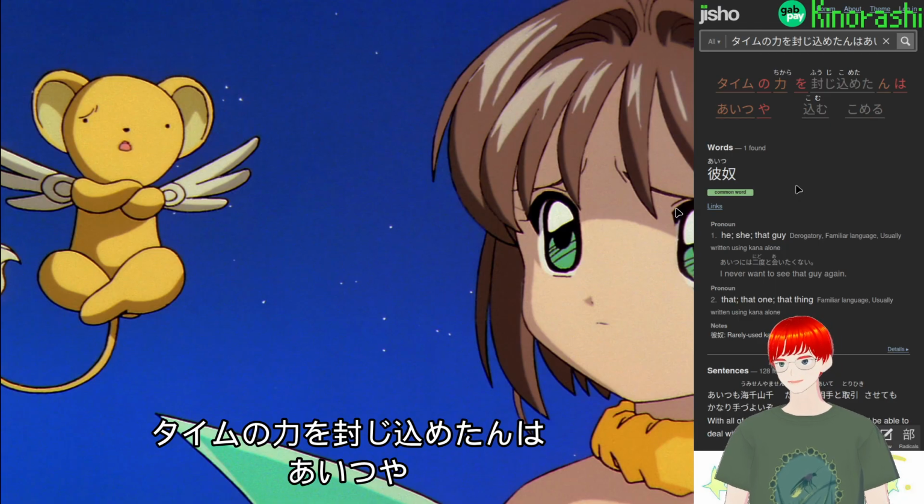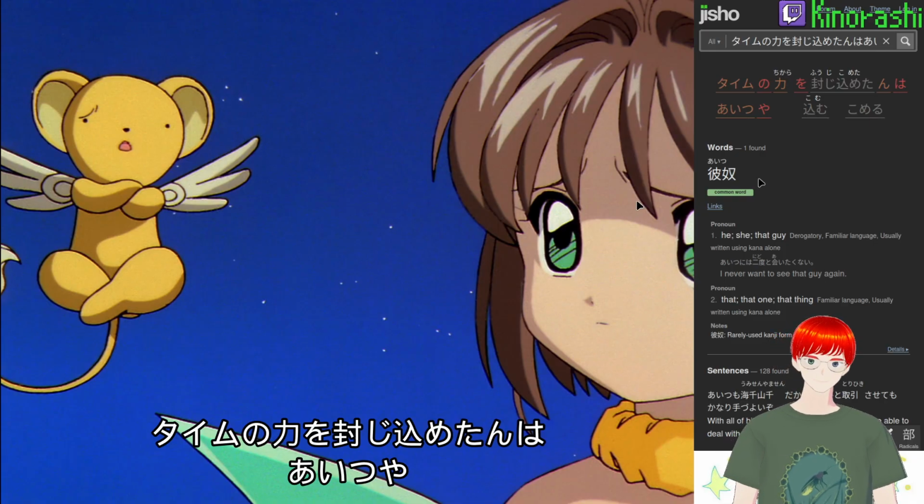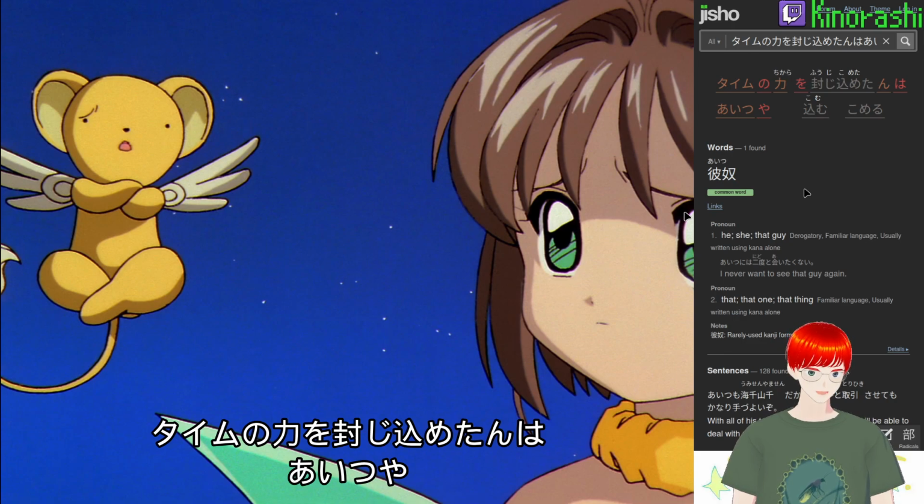So, taimu no chikara o fuji kometan wa aitsu ya.